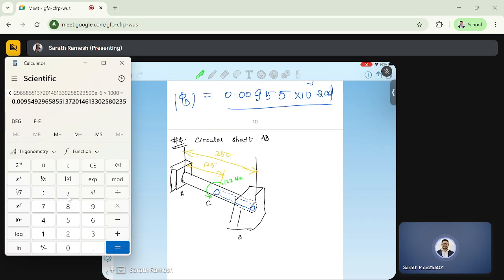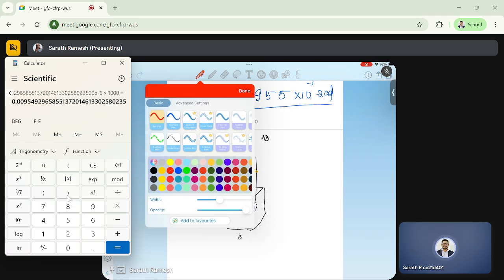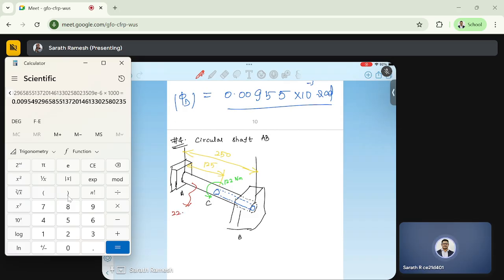The dimensions are also given. The original diameter is 22 mm, but the cavity diameter is 16 mm, and it is fixed at both ends.